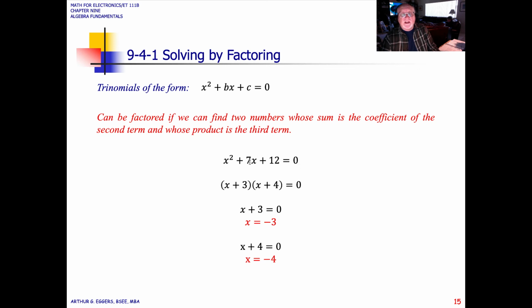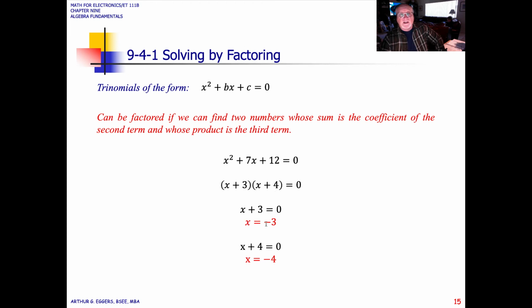In this relationship, I can start taking some guesses to look at what sums to make 7 and what multiplies to make 12. Well, this one, the author made it pretty easy on you. 3 and 4 are our only choice. 3 and 4 sum to make 7, and 3 and 4 multiply to make 12. So now we can easily solve for our roots.